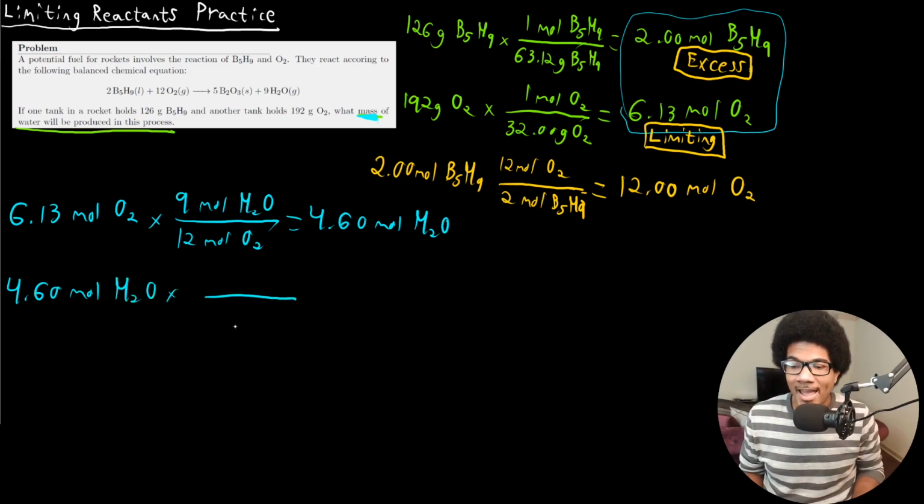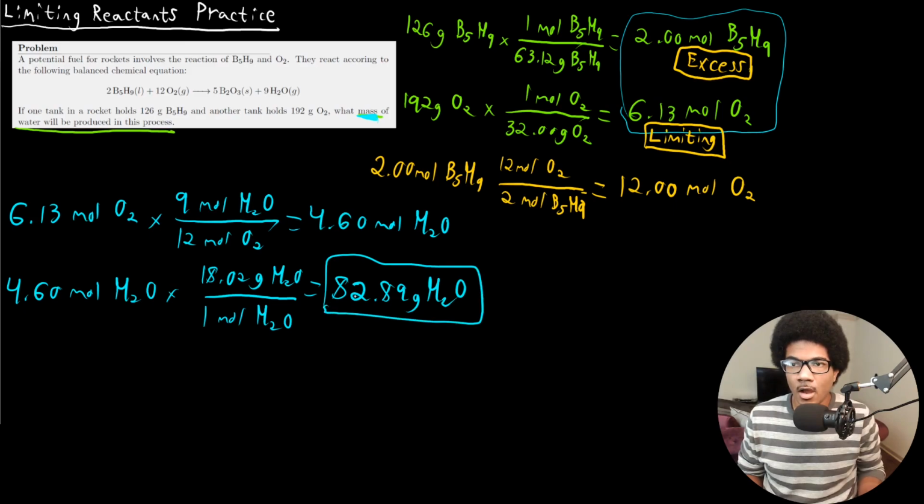Our molar mass for water is going to be 18.02 grams of H2O for every 1 mole of H2O. And so that's going to give you a final mass here of 82.89 grams of water that will be produced. Okay, so that's the mass of water that will be produced in this process.